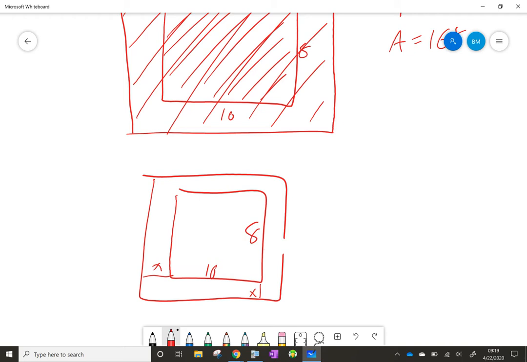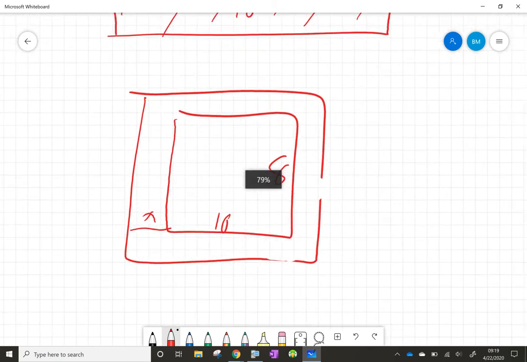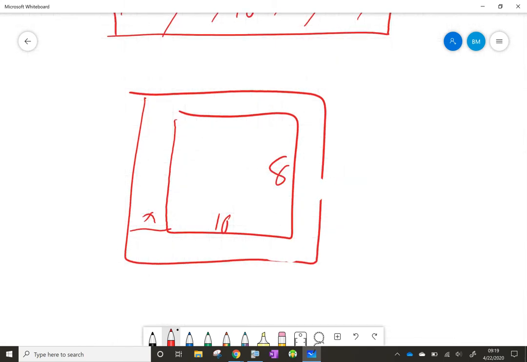Let's focus on one thing at a time, because I want to make sure you understand where the 2x comes from. If the width of the frame is X, then on this side, from one corner to the other, we have the 10 units here, and we have this X value, the width of the frame, but we also have another width of the frame over here, because the frame's on both sides, the left side and the right side.